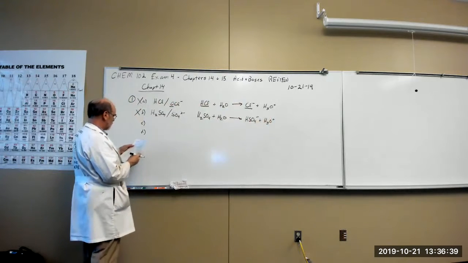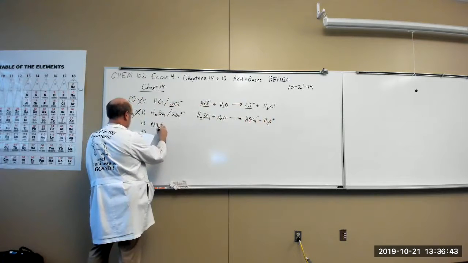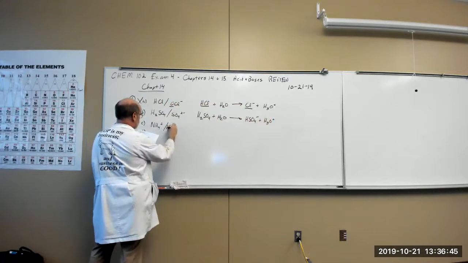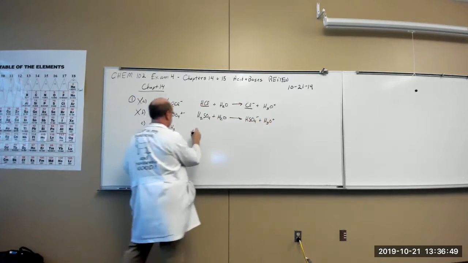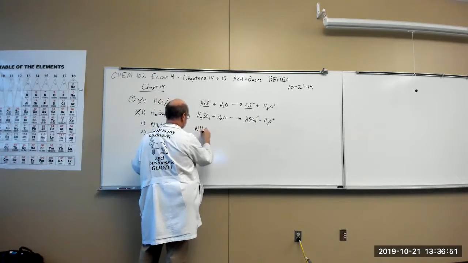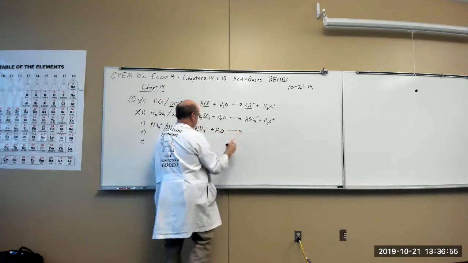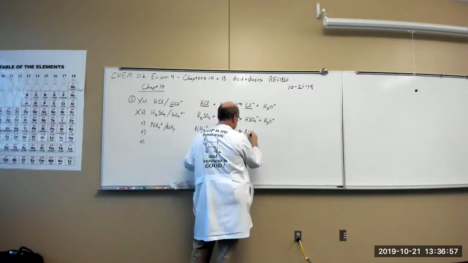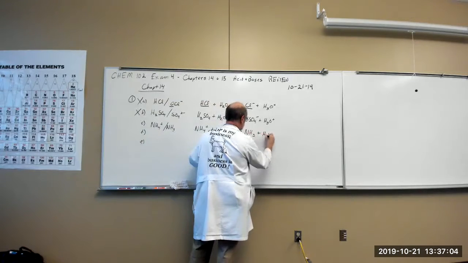How about C? Ammonium and ammonia. So when you put that in water, what happens? I think we just drew this one, didn't we? So we lose a proton from our acid to make a conjugate base, and it ends up on the hydrogen.